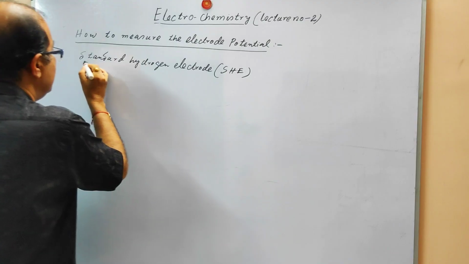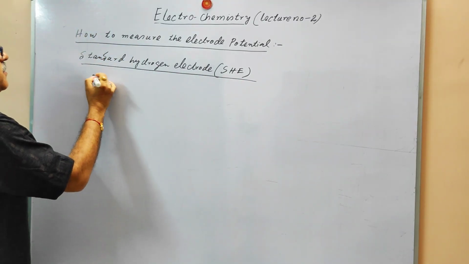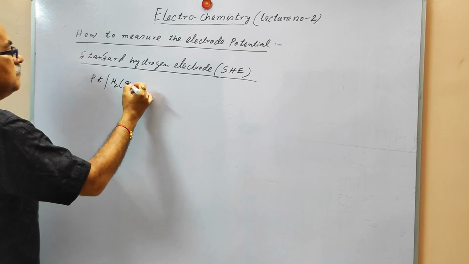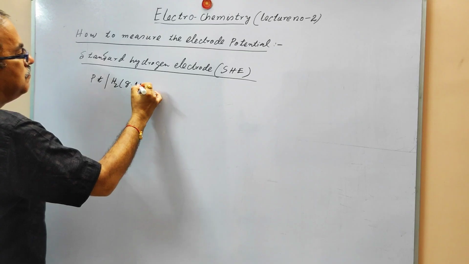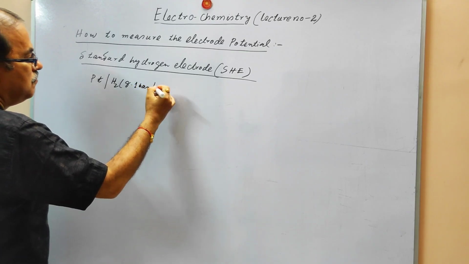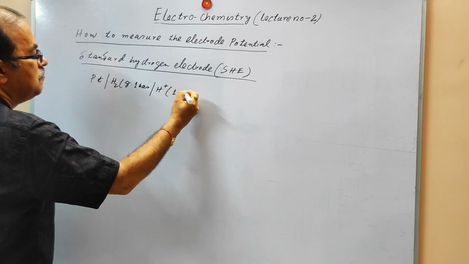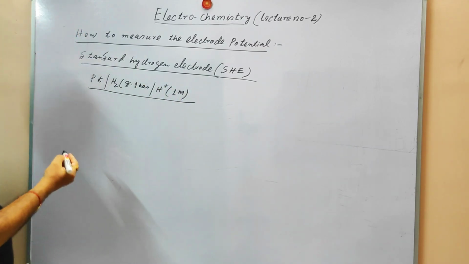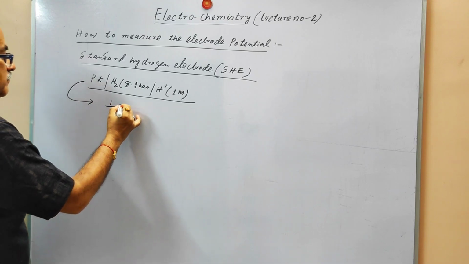This half cell is called the standard hydrogen electrode, and it is represented by this, and its half reaction is represented by this.